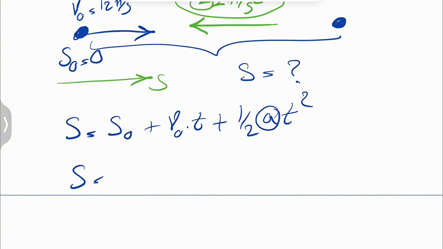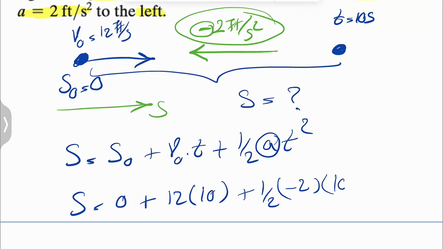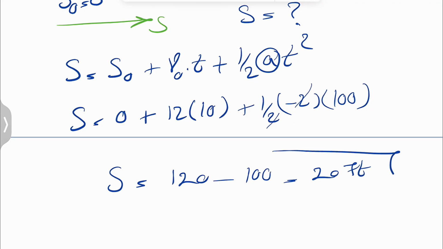So s is equal to s0, which is 0, plus the initial velocity 12 times the time it takes, which we know is 10 seconds, plus 1/2 of the acceleration, negative 2, times the time squared, 10 squared or 100. That's going to give us s, which is 120 minus 100, so it's going to be 20 feet.